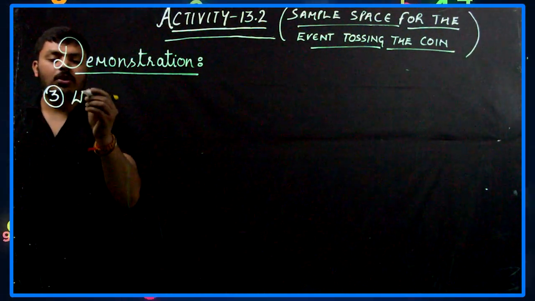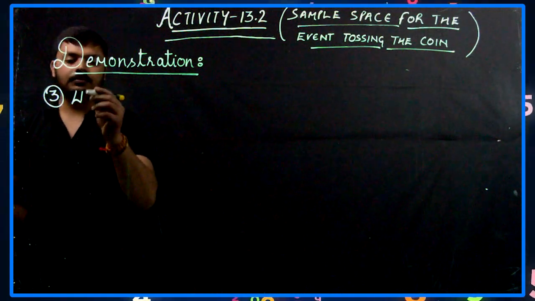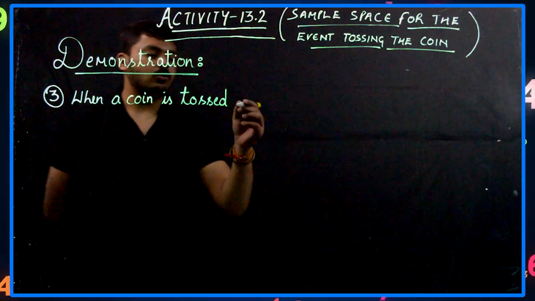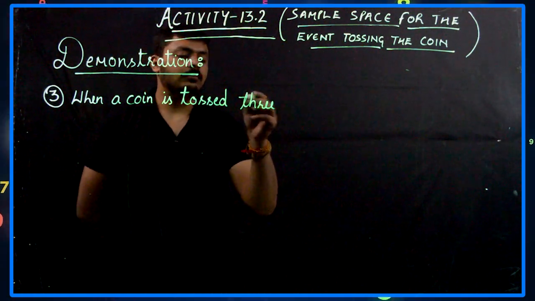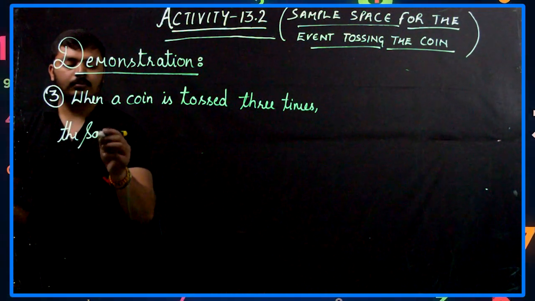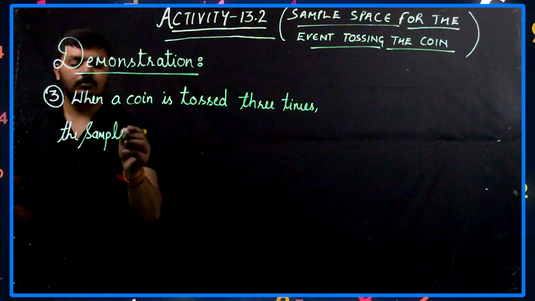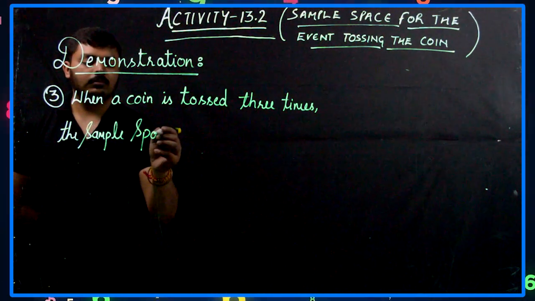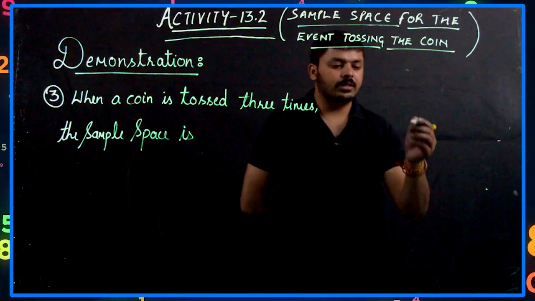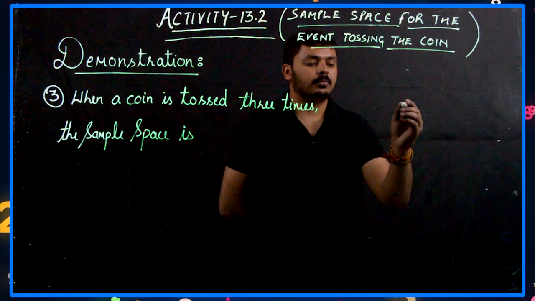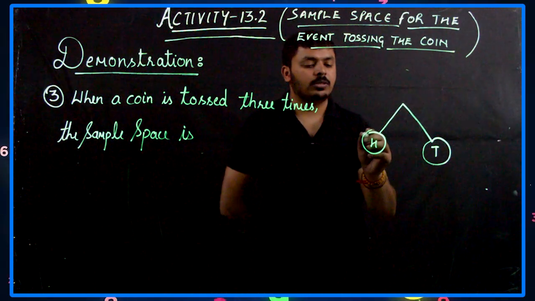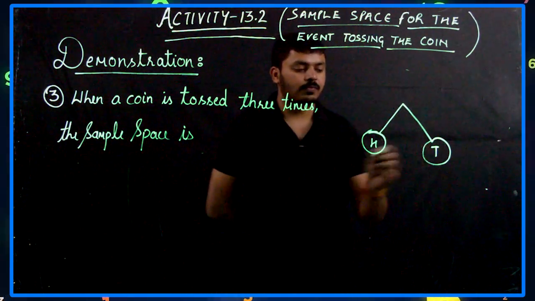So students, when a coin is tossed 3 times, the sample space is. Now first let's draw the tree structure when a coin is tossed 3 times. This is a structure when a coin is tossed once.